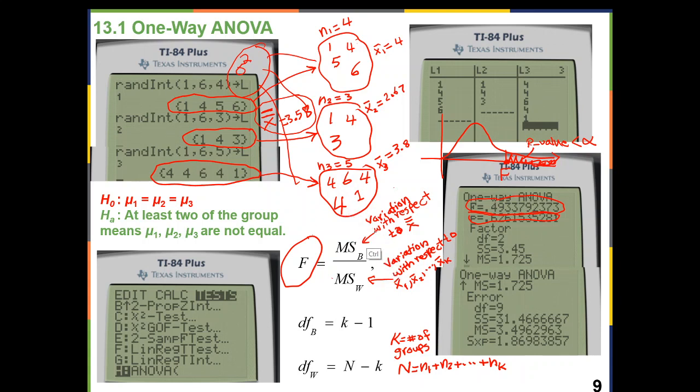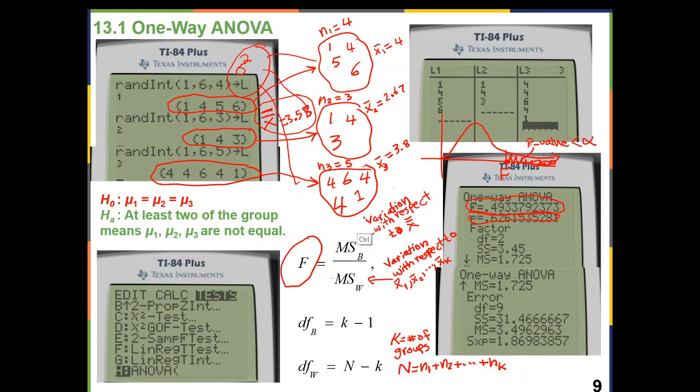So the variation with respect to grand mean per group is the numerator, and the variation with respect to group means per item goes in the denominator. Now, if we assume that these come from the same population, then the numerator and denominator are basically the same number. They estimate the same number.